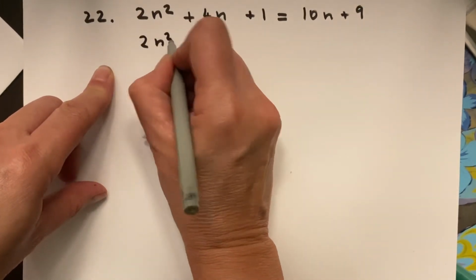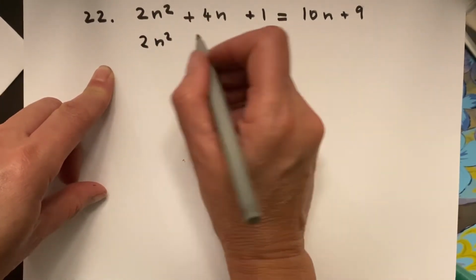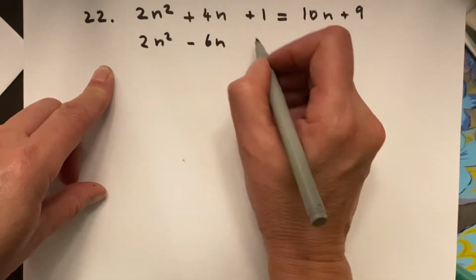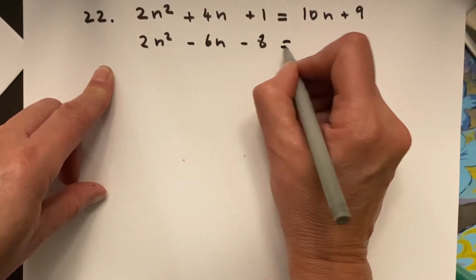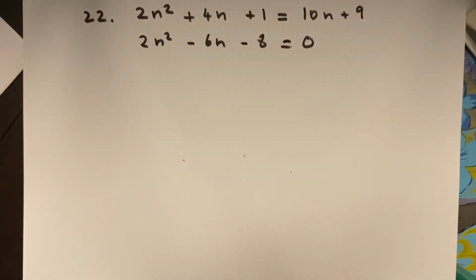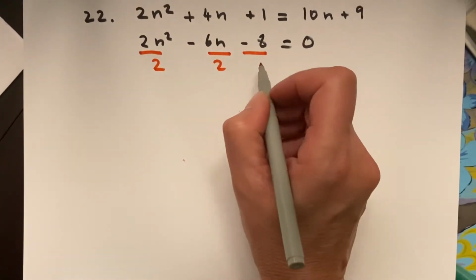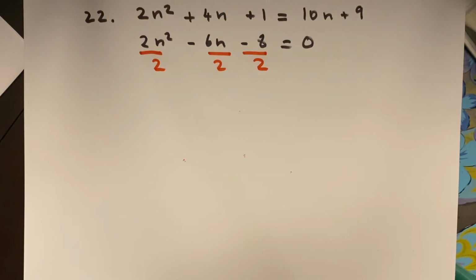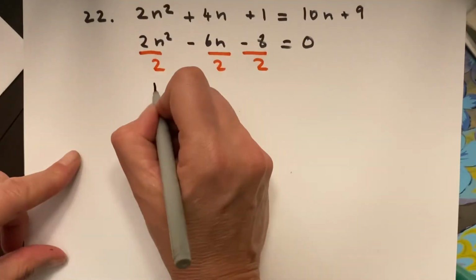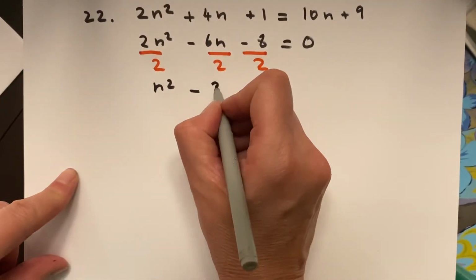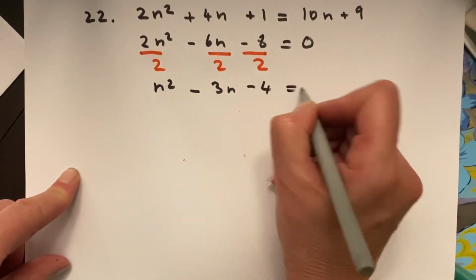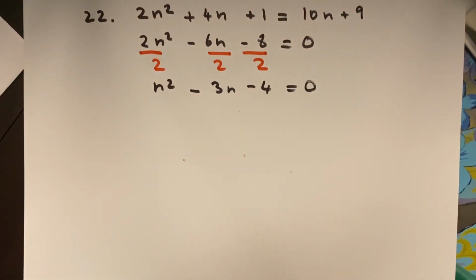So 2n squared, and if I subtract 10n, I get minus 6n, and I subtract 9, I get minus 8 equals 0. I'm going to divide everything by 2. And end up with n squared minus 3n minus 4 equals 0. Now that I've taken out the coefficient from in front, I'm ready to complete the square.